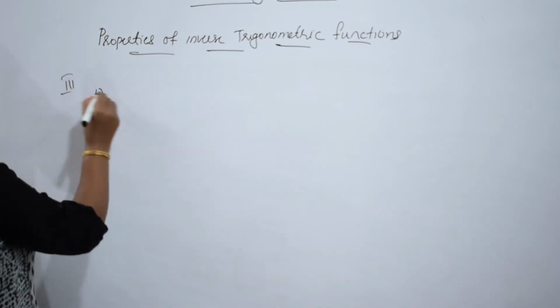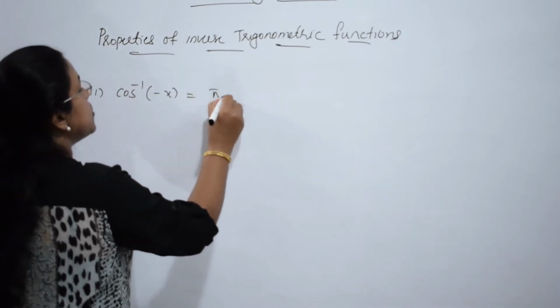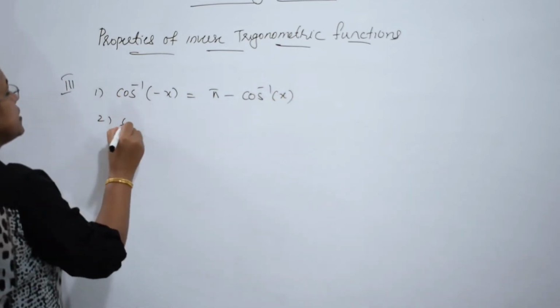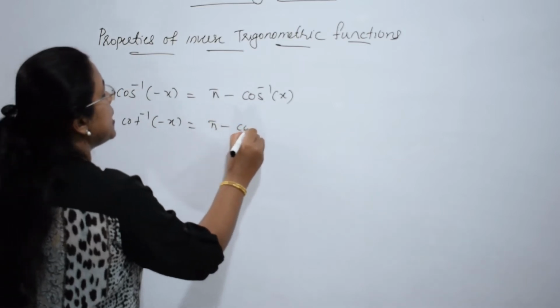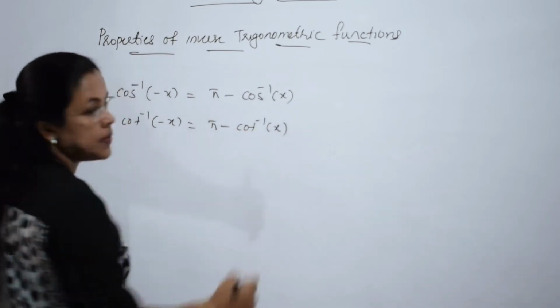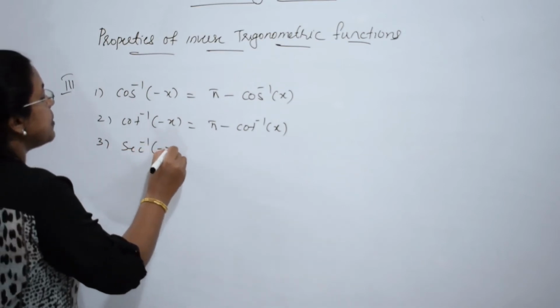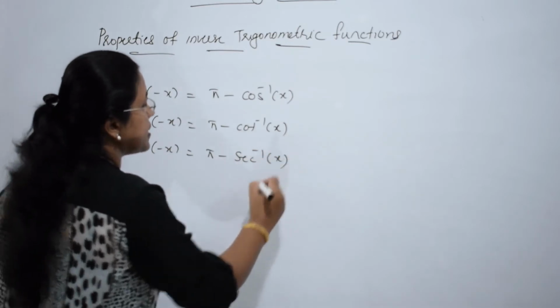Property number 3. Cos inverse minus x is equal to pi minus cos inverse x. Second one, cot inverse minus x is equal to pi minus cot inverse x. And third one, sec inverse minus x is equal to pi minus sec inverse x.